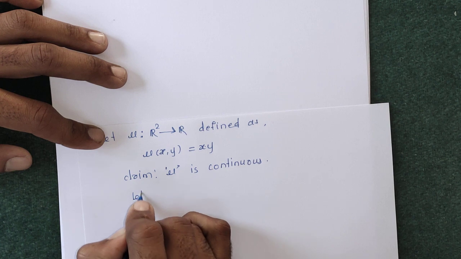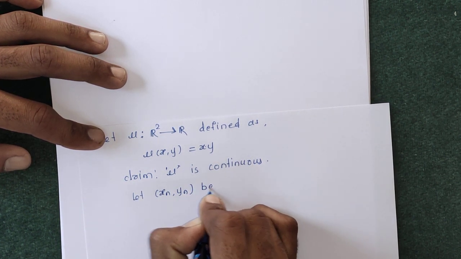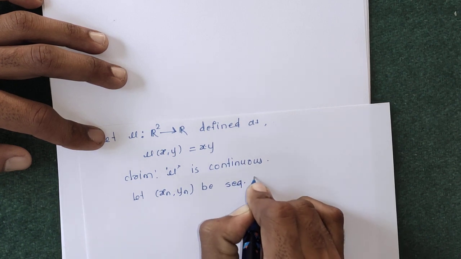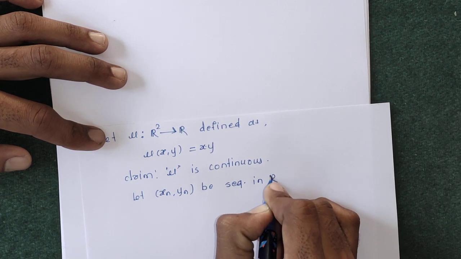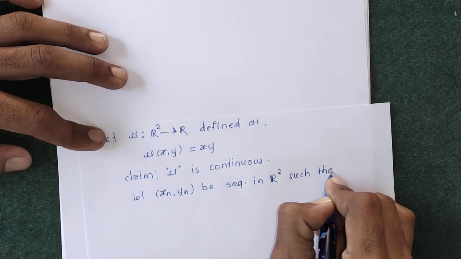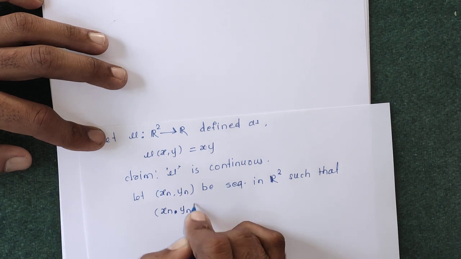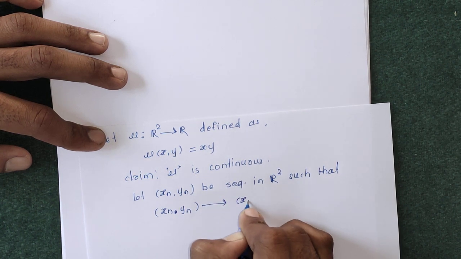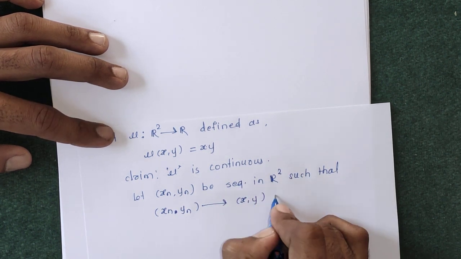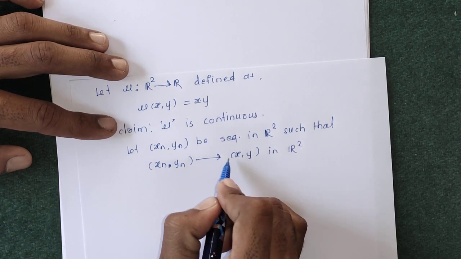So let (xn, yn) be a sequence in R square such that the sequence (xn, yn) converges to (x, y) in R square. Now, (xn, yn) converges to (x, y) in R square.